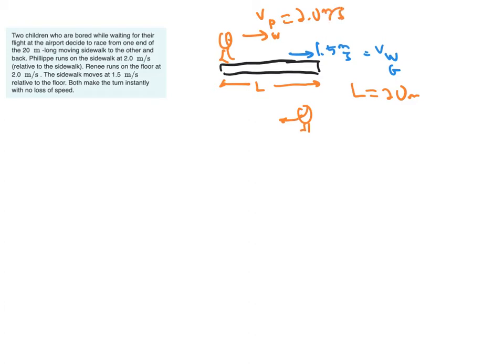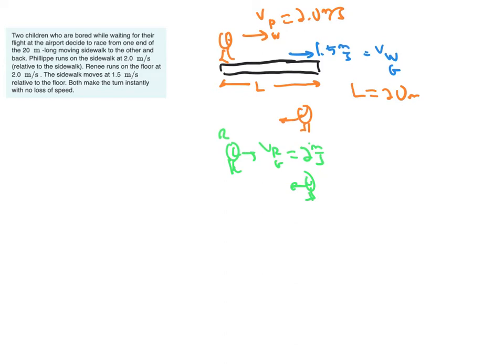And then sort of hanging out here, doing the round trip, is René. And René's speed relative to the ground is also 2 meters per second. In other words, they're equally fast. So that's sort of our setup so far.